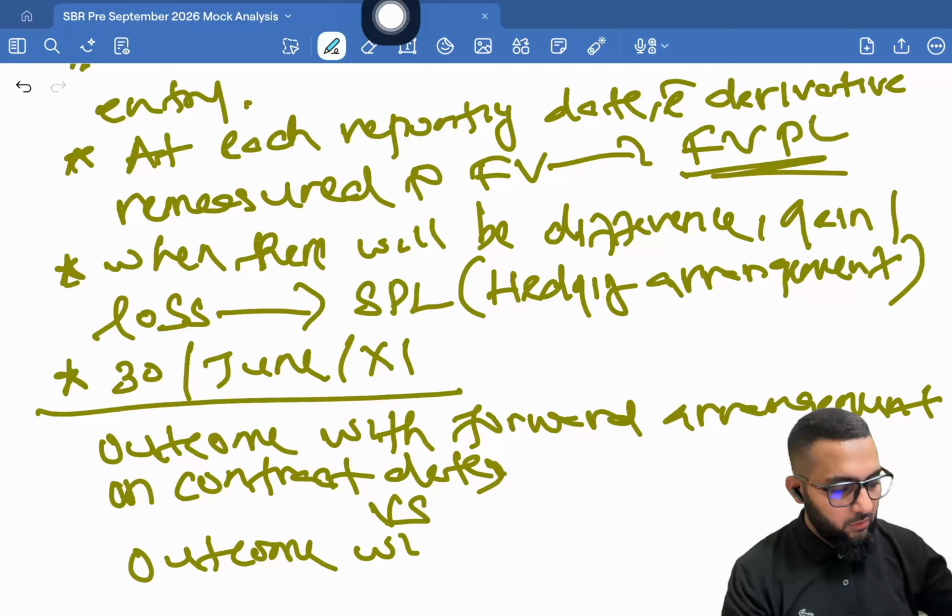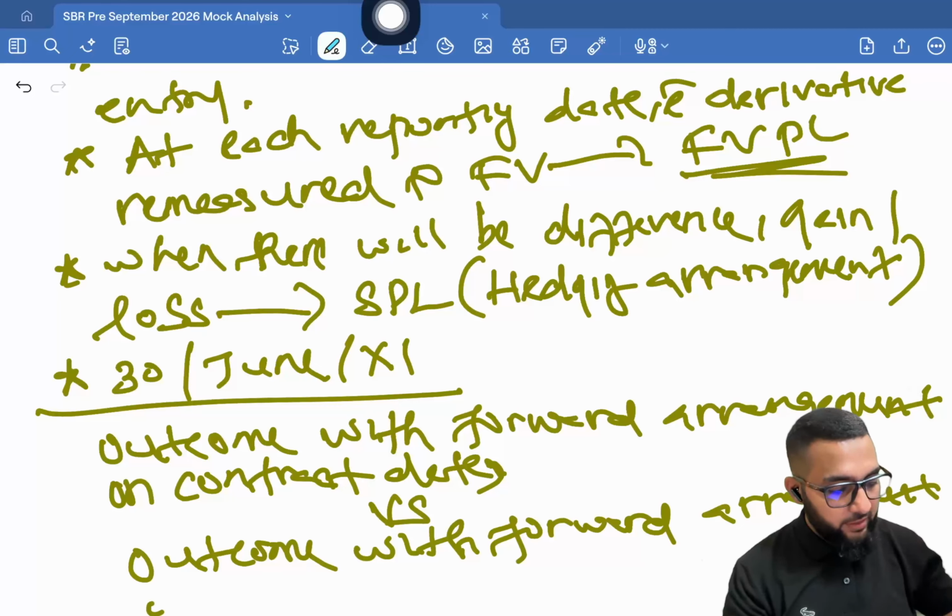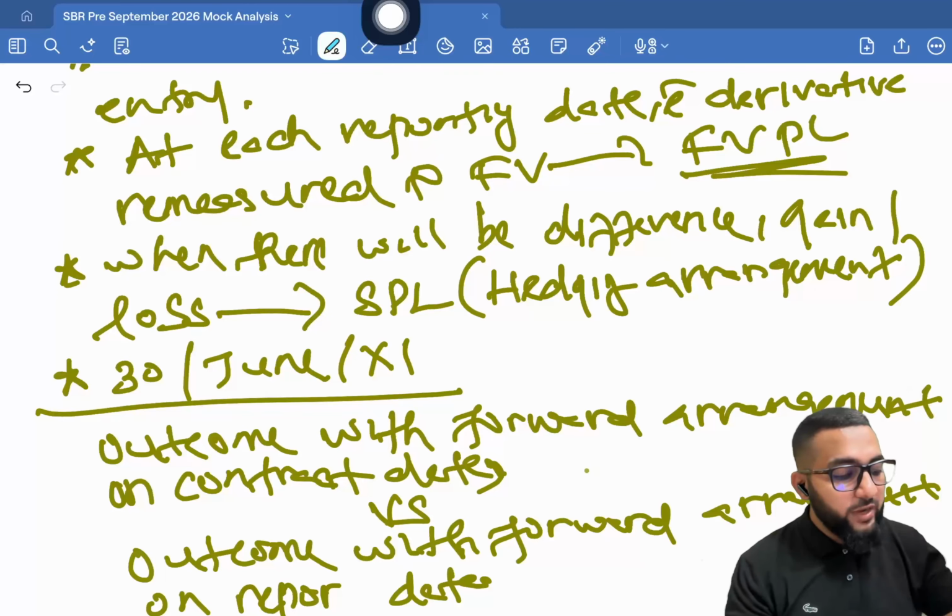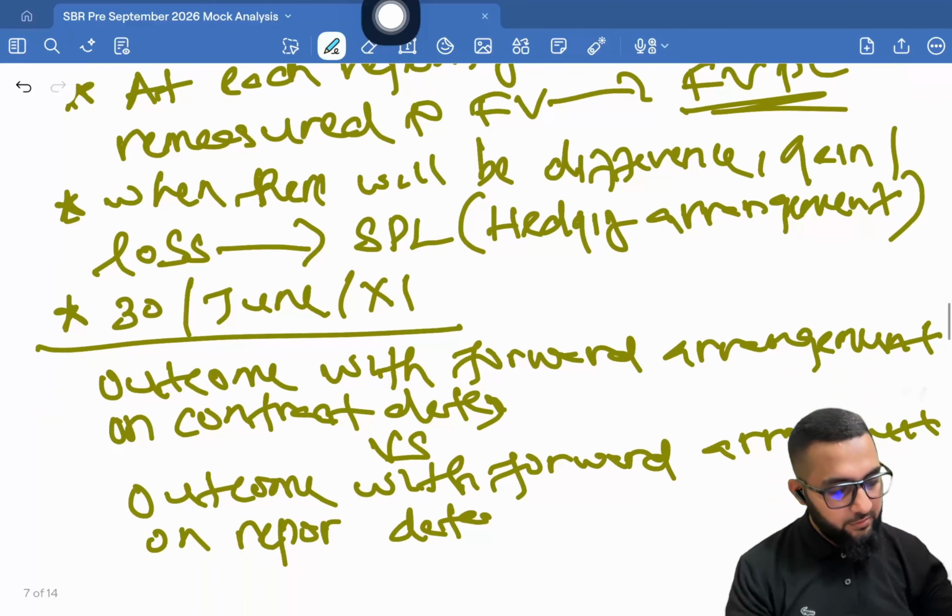You have to assume that you're getting into a forward arrangement on the reporting or settlement date. So you have to look at the difference.